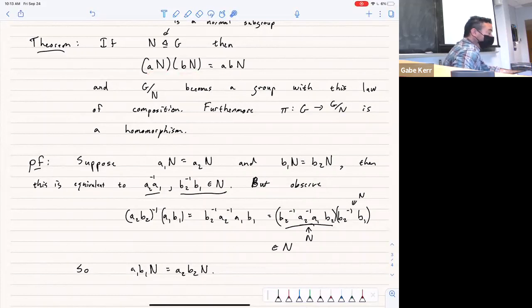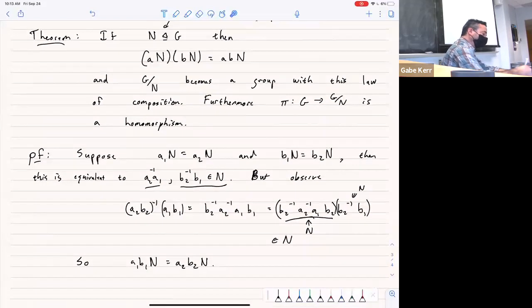Why is that the same thing again? Well, if you want, let's look at this one. These two sets being equal means that if I take a2 inverse and multiply on both sides, I'll get a2 inverse times a1N equals N. So if I multiply by 1, it must be in it. So that's one way.